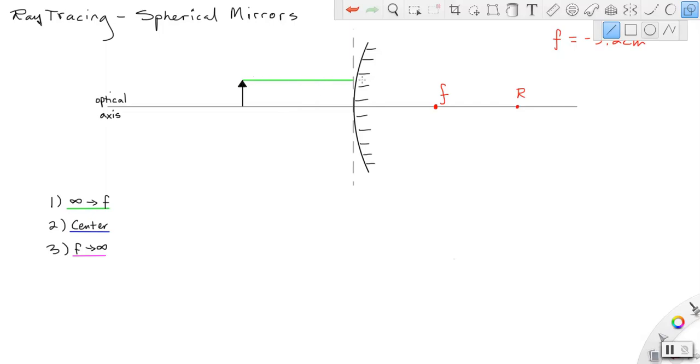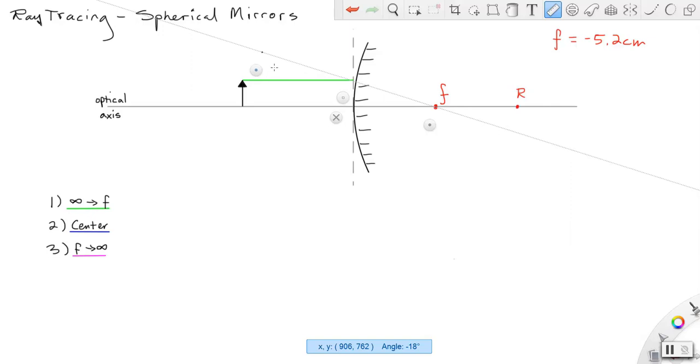Now this is hitting a mirror, so how's it going to bounce? Well, we've already looked at this from the standpoint of the radial line, where there's a normal, and using the law of reflection, this thing is going to bounce away from the focal point. So using our ruler, we can put this spot on the focal point and extend to where the ray meets the optical plane, and that should be where it bounces off.